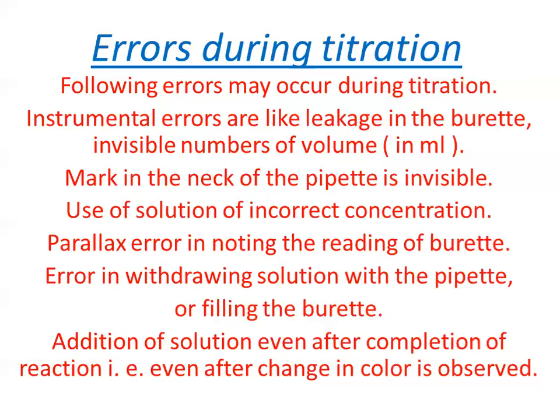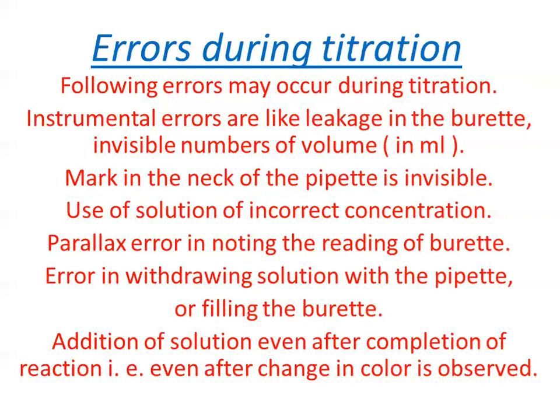Similarly, addition of solution even after completion of the reaction is an error. Why? As I told you just now, we need an indicator, a colored substance which indicates the completion of the reaction. For example, in the reaction between HCl and NaOH, we can use phenolphthalein, which is pink in one solution and colorless in the other.